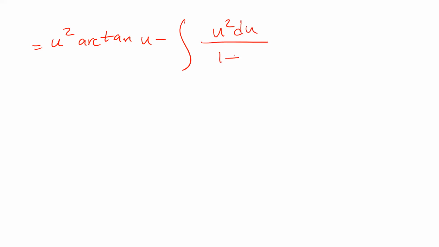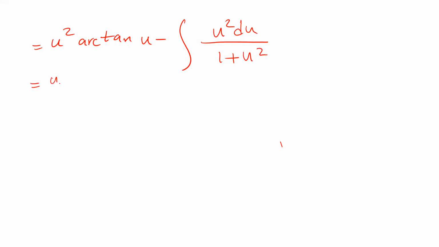Therefore you can write that integral as v times w, where v is arctangent u and w is u². That will be equal to u² arctangent u minus the integral of w dv, where w is u², and dv we already calculated in the previous slide as du divided by 1 plus u².